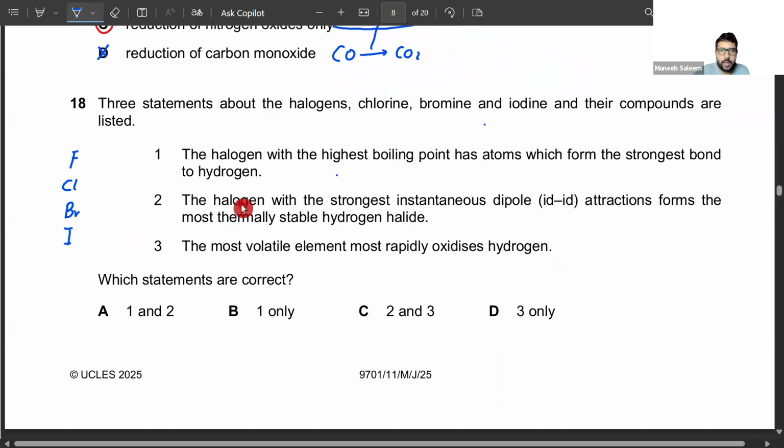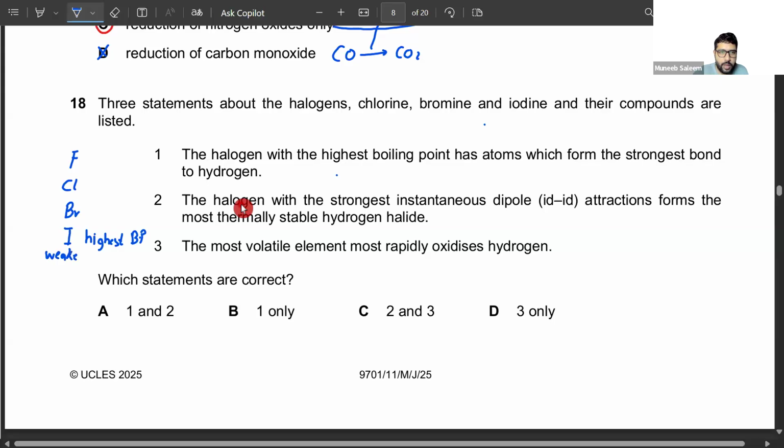The one with the highest boiling point is at the bottom, iodine, and it forms the strongest bond to hydrogen? No, that's wrong. It forms the weakest bond.